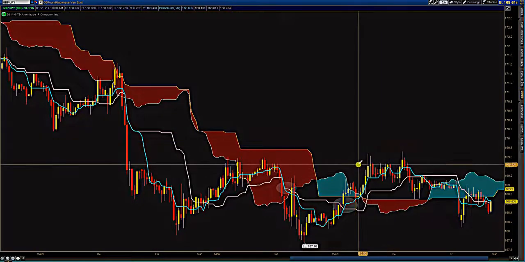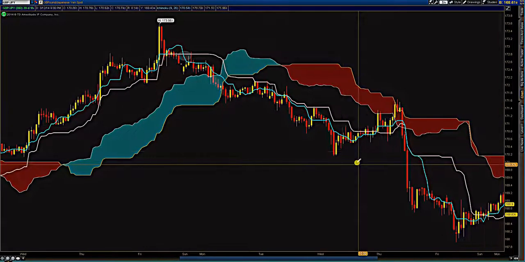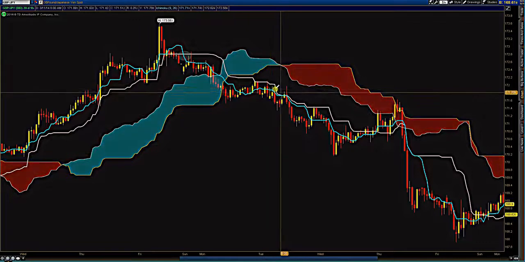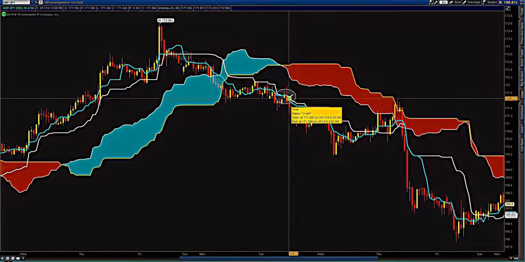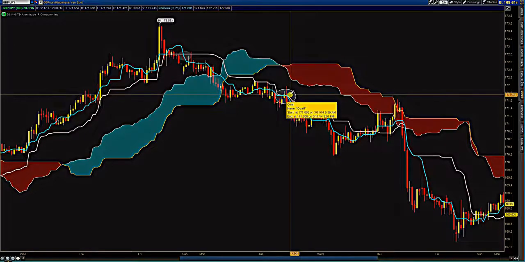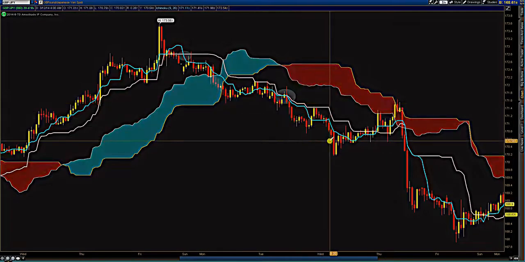And a strong cross is when price breaks, in this case we have it right here, the Tenkan-sen crosses below the Kijun-sen, below the cloud. So we have a bearish cross in bearish territory. That's a strong indicator, and in this case, it worked out well too.